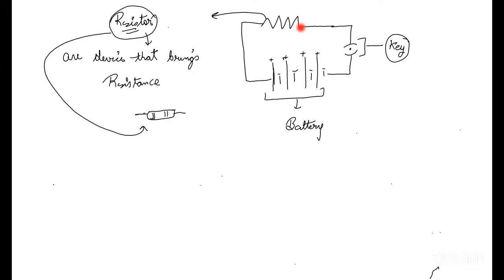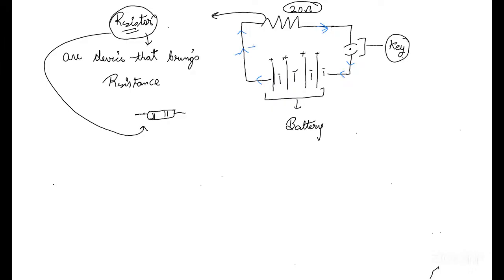So now there is one question. There is a 20 ohm resistor. And because electricity passes from the positive terminal, this arrow shows the direction of electric current.